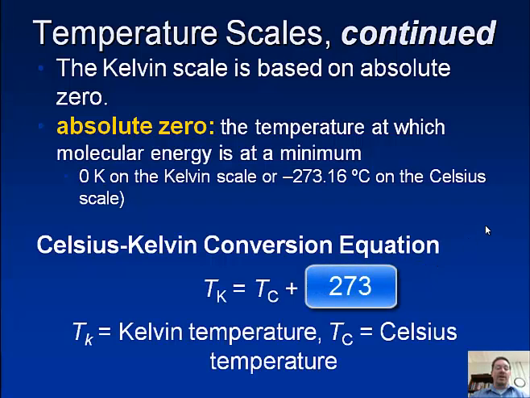This is a fairly easy conversion after we have our temperature in Celsius. Temperature in Kelvin is just going to take our Celsius value and add 273, rounding off this 0.16, so we get a close estimate. T_K here is Kelvin temperature, T_C is Celsius temperature.